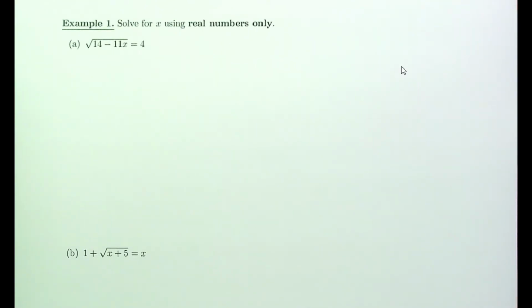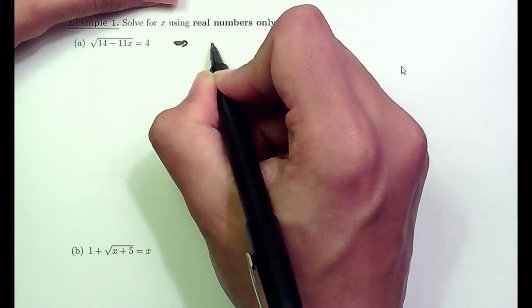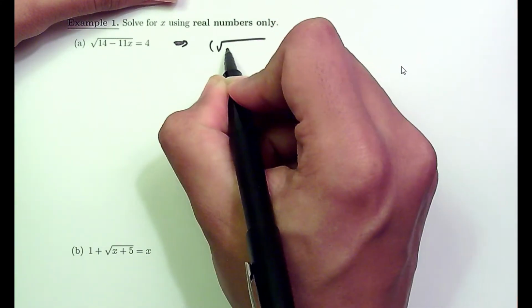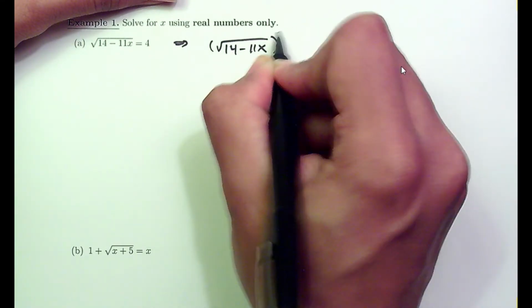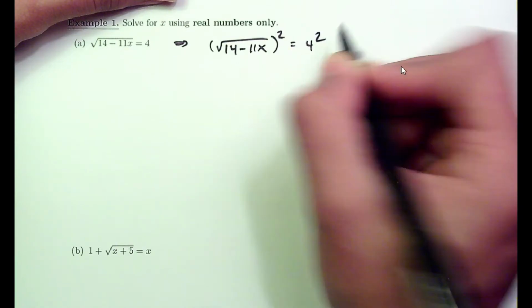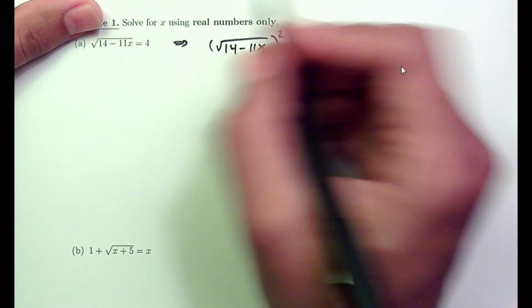Step 2 is you raise both sides to an exponent that is the opposite of that radical. For square roots it's squaring, for cube roots it's cubing, for fourth roots it's raising both sides to the fourth, etc. This one is just squaring, since it's a square root. So I'm going to copy this again and square both sides.